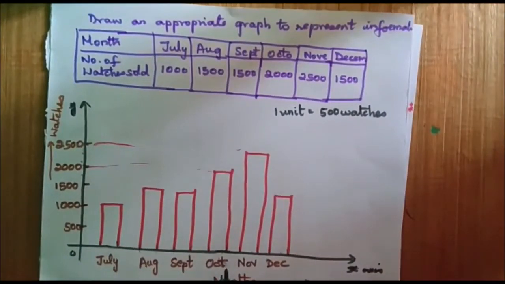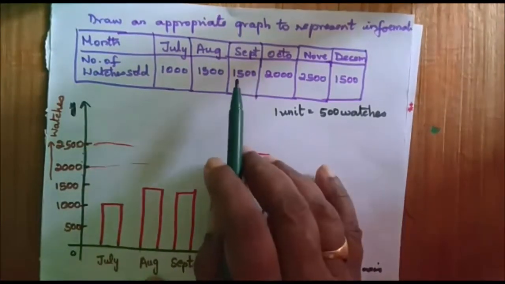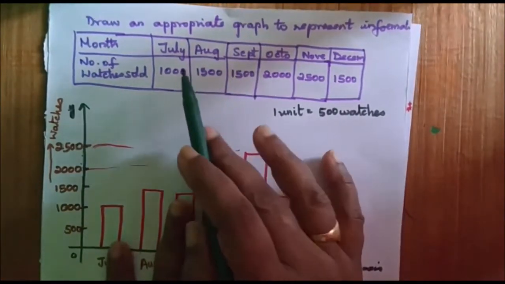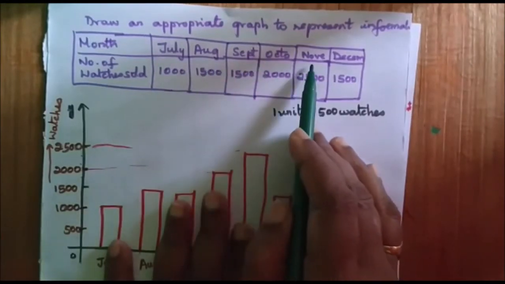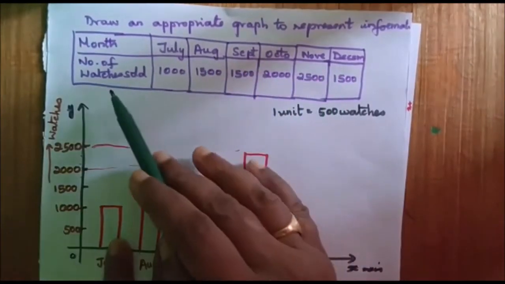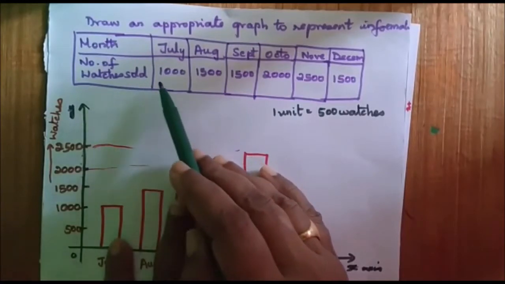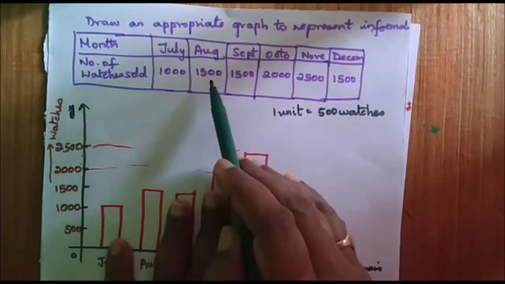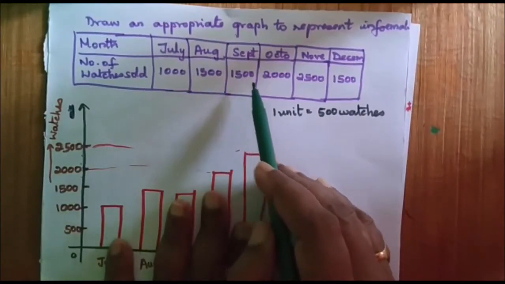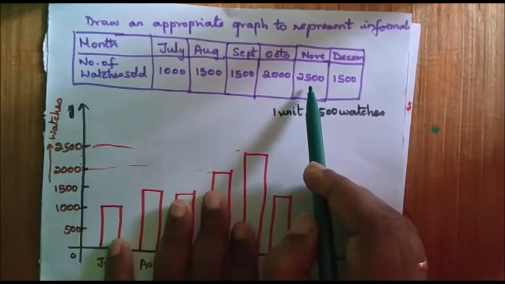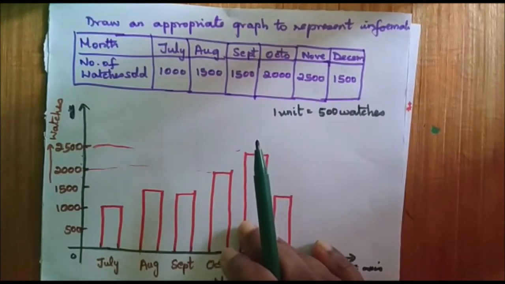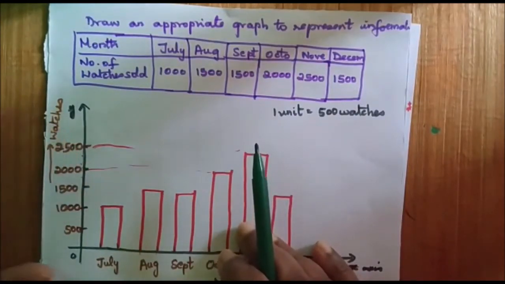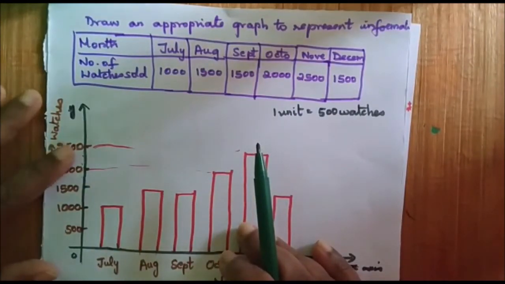Okay. Now if you are given data in this form, that is the months are given: July, August, September, October, November and December, and the number of watches sold, namely 1000, 1500, 1500, 2000, 2500 and 1500. Now you have to represent it in the form of a bar graph.